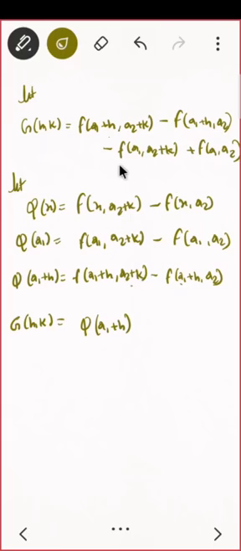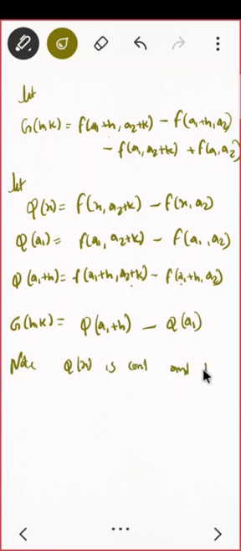You take minus outside, you'll be having phi of e1. So g of hk equals phi of e1 plus h minus phi of e1. That means I can write my g of hk in terms of phi. So note that. What about your phi?